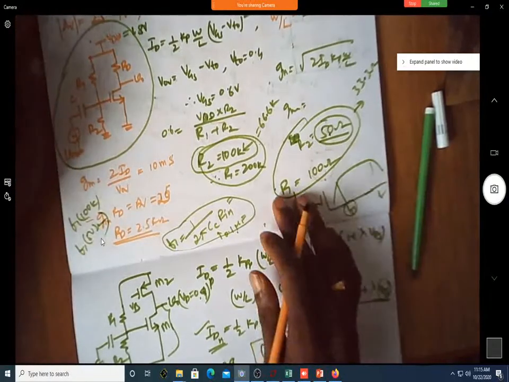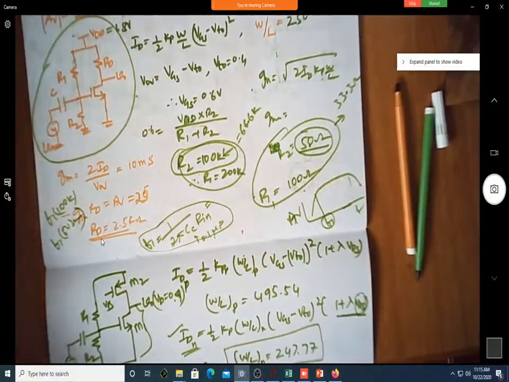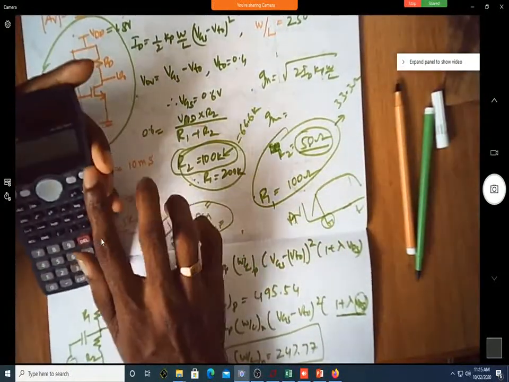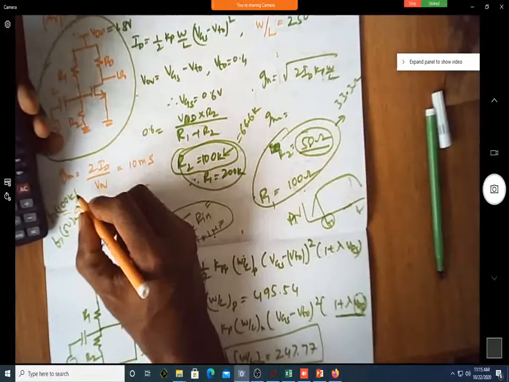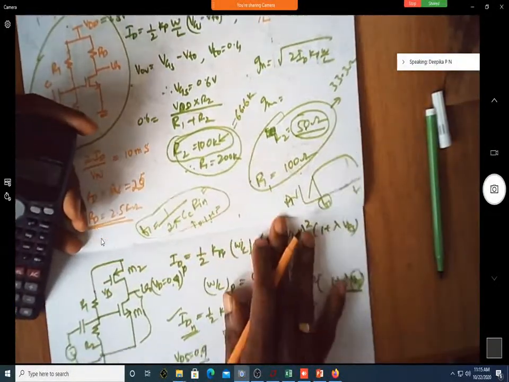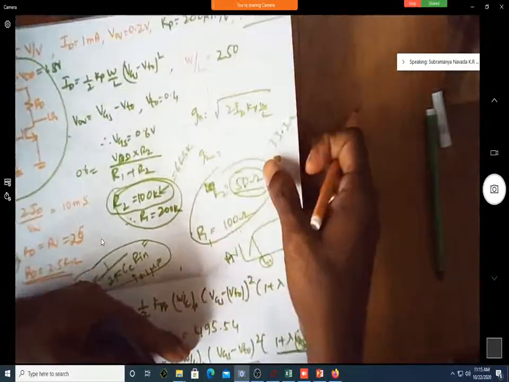Now 2 pi RC. It will not take this much time, no? One is 23.3 hertz, the other is 47.8 kilohertz.